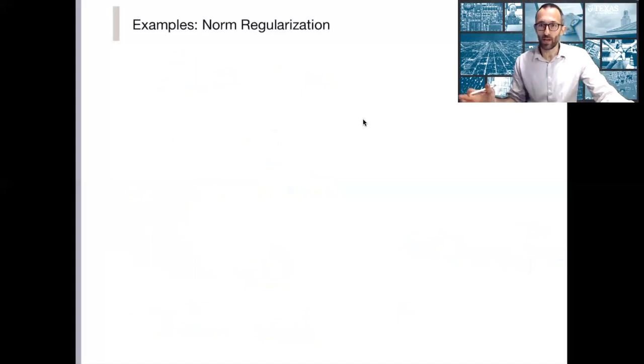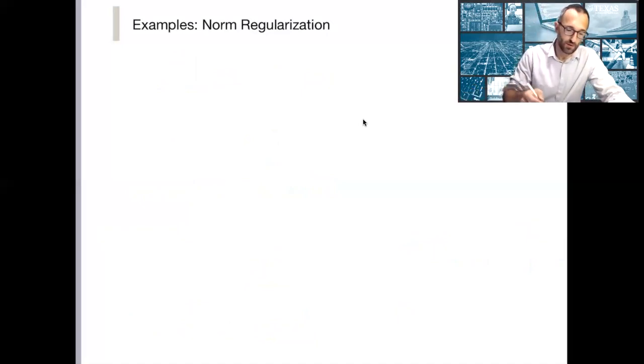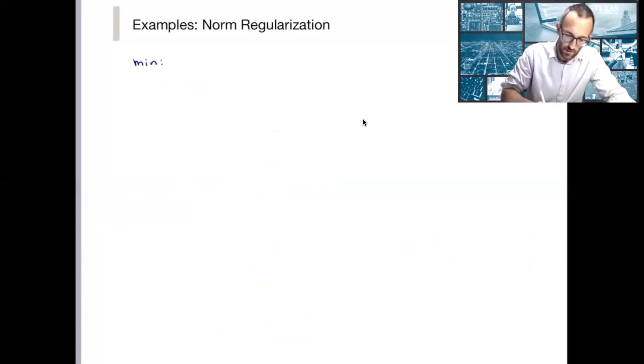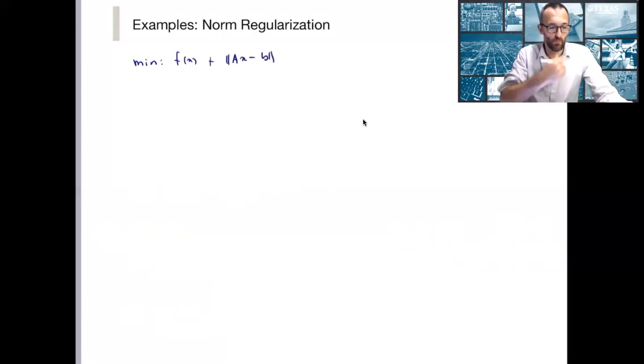Okay, let's look at another very common problem. Now I no longer have a norm constraint. I have the norm up in the objective. Minimize f of x plus some norm of Ax minus b.